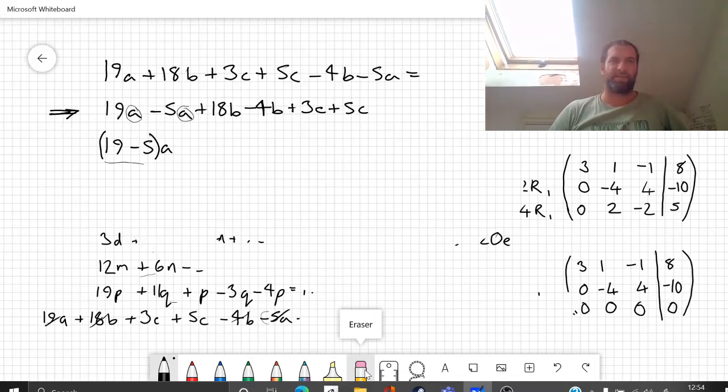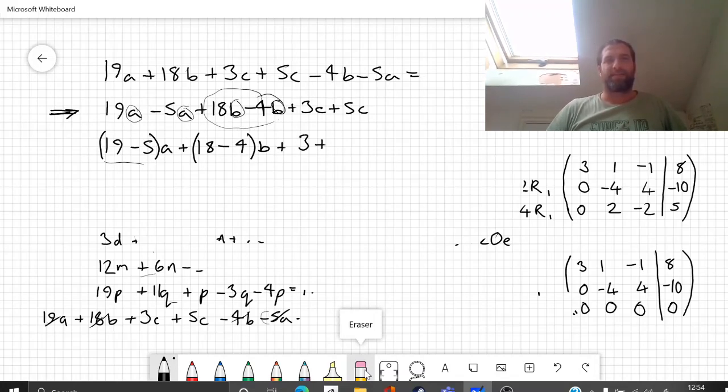This is how I do it. You might not see it in school, but this is how I do it. You've got plus (18 minus 4)b, and they're the same variable here. And then lastly, you've got (3 plus 5)c.